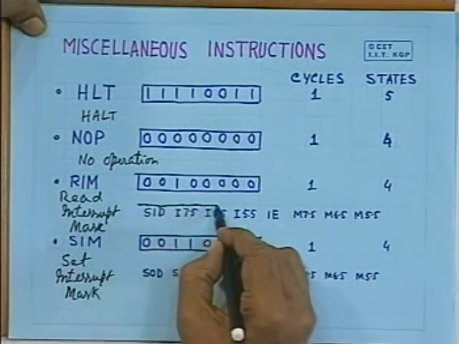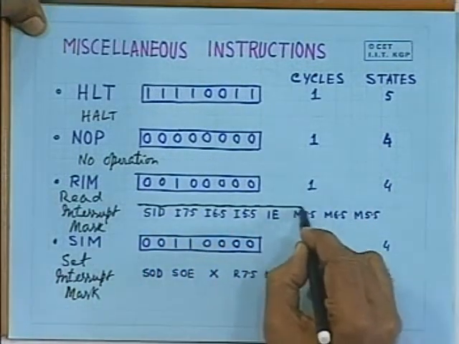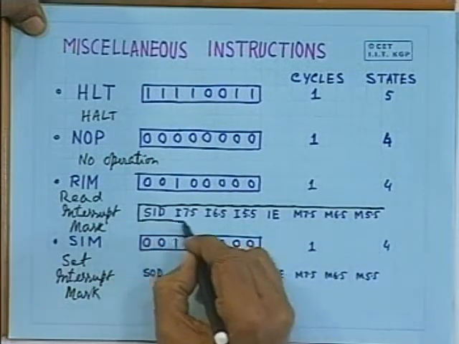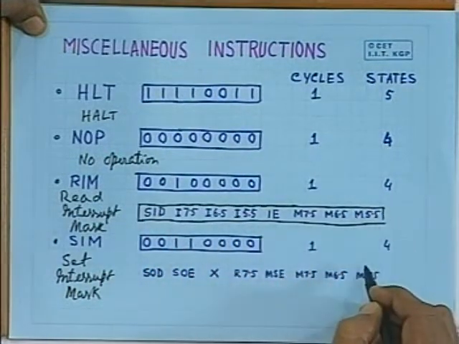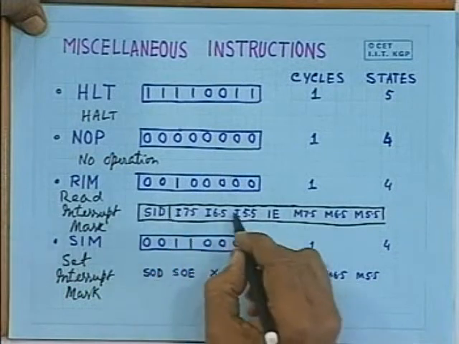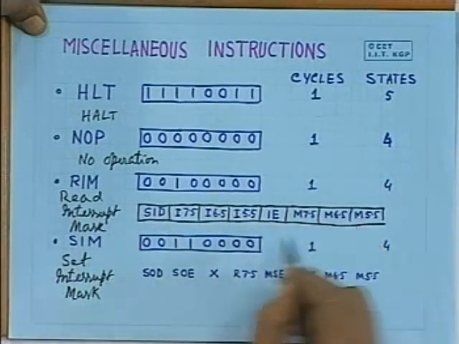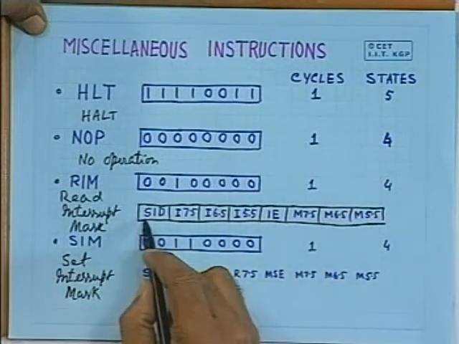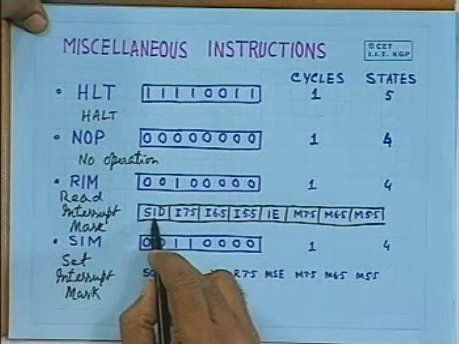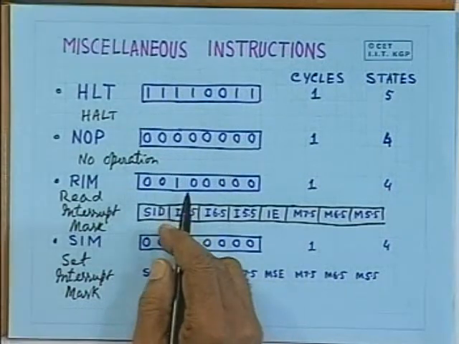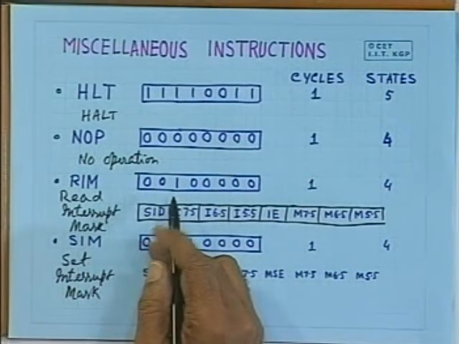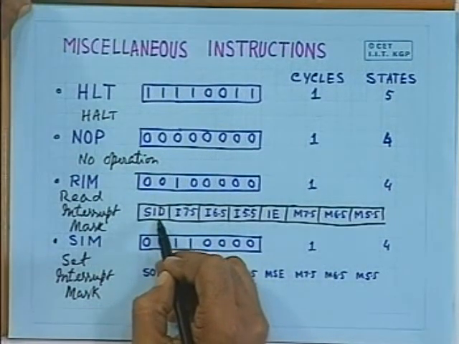Whenever you execute a RIM instruction, some value will be transferred to the accumulator, and the accumulator will contain this information, serial input data. So you can perform serial mode of data transfer with the help of this instruction.